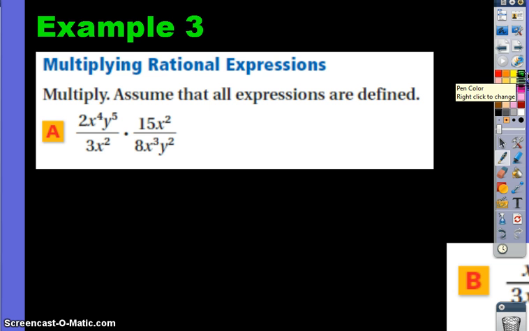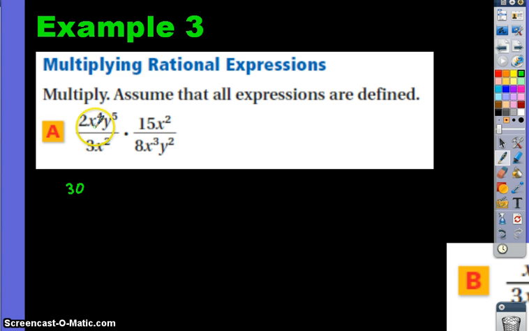All right, so multiply these two expressions. When we multiply fractions, we multiply the numerators, then we multiply the denominators, and then we're going to see what we can do. So we have 2 times 15, those are our coefficients, that would be 30.